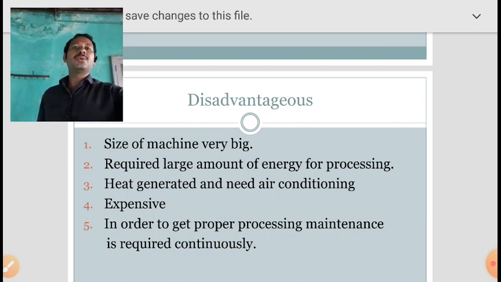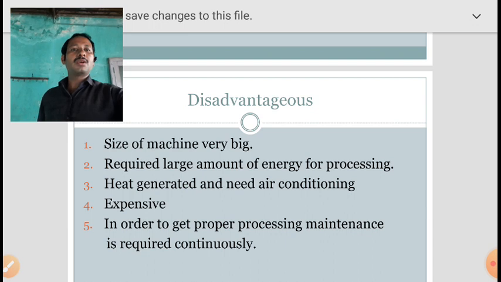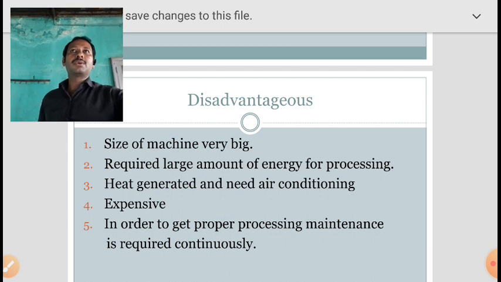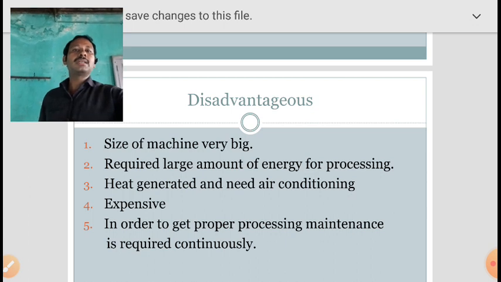And it is expensive, more costly. If you purchase a first generation computer, it is more costly for maintenance and processing also, and in order to get proper processing, maintenance is required continuously. Suppose processes M1, M2, M3 start on the computer: all these processes require continuous maintenance, because they burn a lot of heat and the air conditioner must be set. All these things are needed for maintenance.